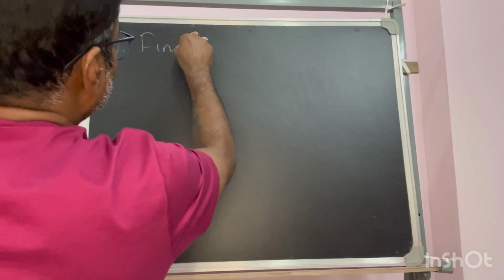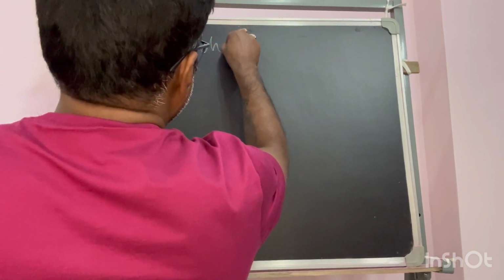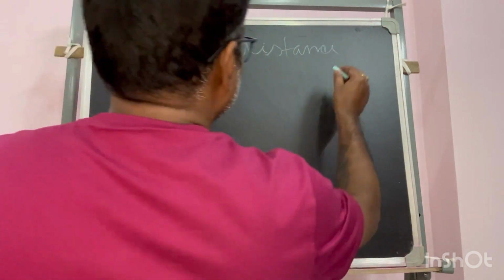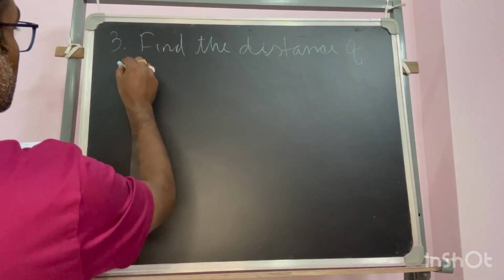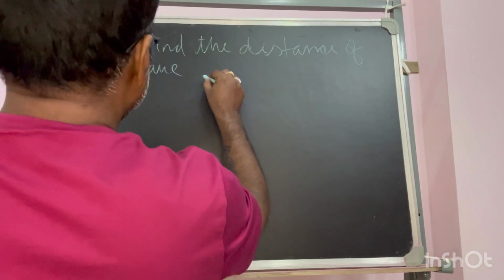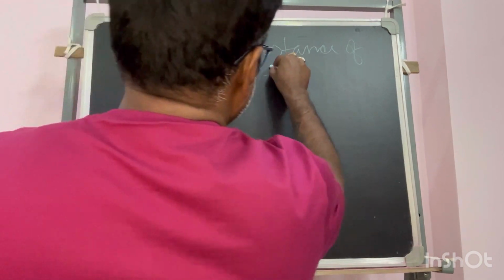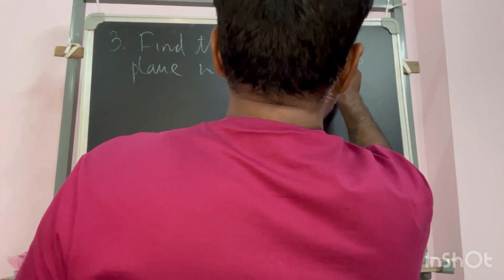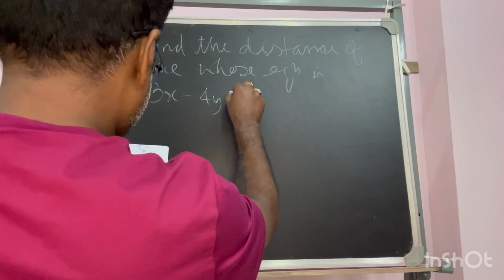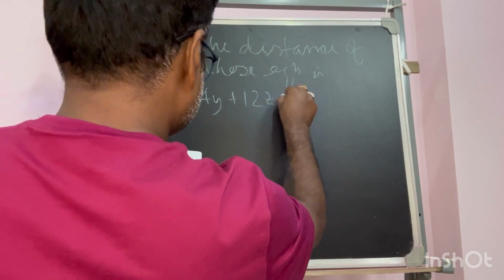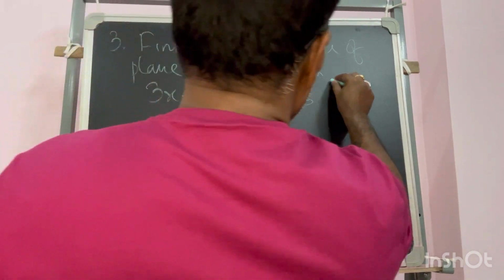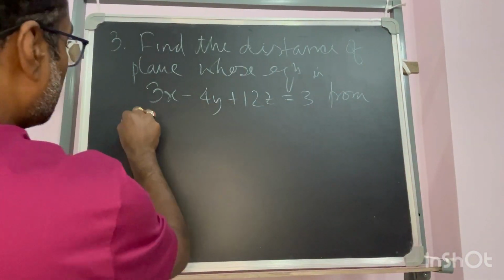Find the distance of the plane whose equation is 3x minus 4y plus 12z is equal to 3, from the origin.